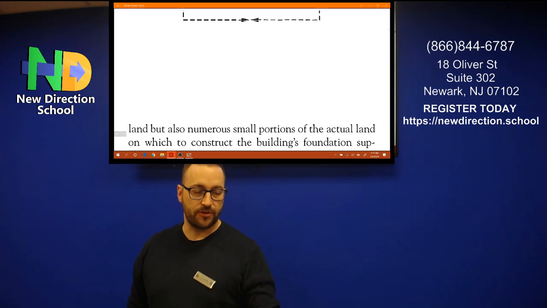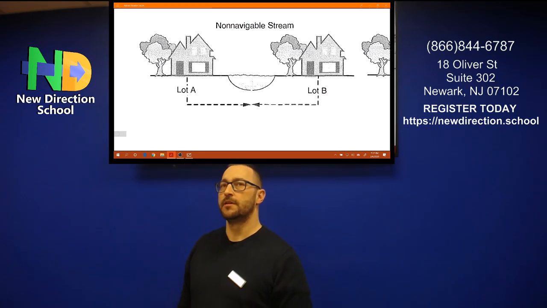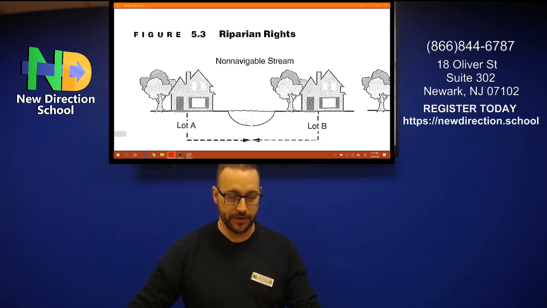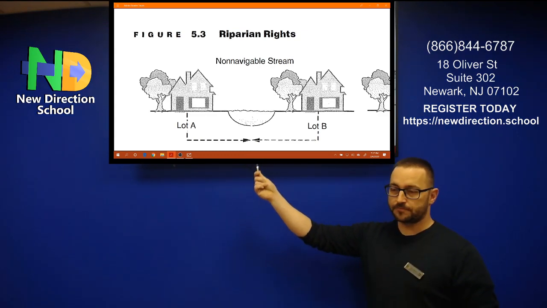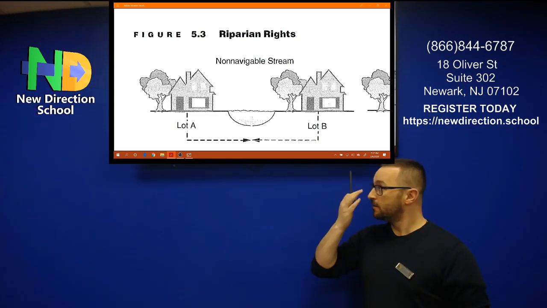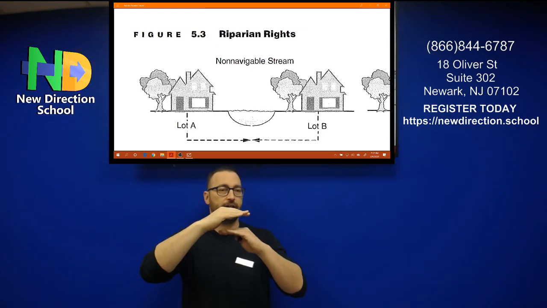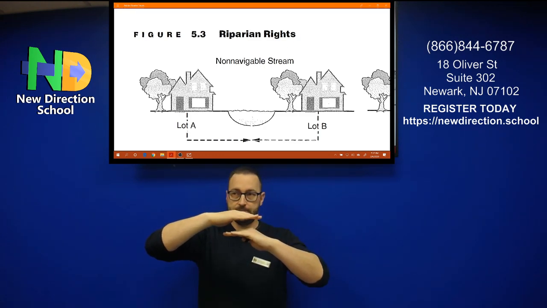So let's look at this figure here real quick. We have a non-navigable stream. In your book, there's a line right in the middle. Right? So here's what happens. If it's non-navigable, you can see that the bed is very high, meaning it's very close to the top.